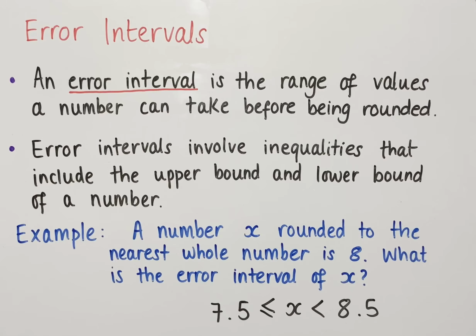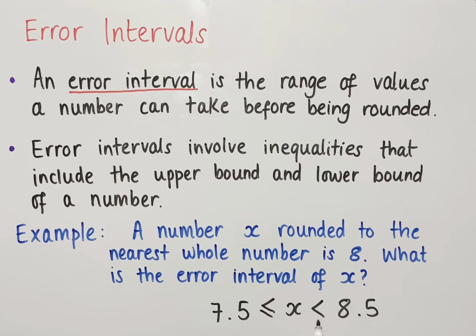The biggest possible value that rounds to 8 when rounded to the nearest whole number would be 8.49 recurring. But since that's quite a long number to write out, we use the nearest number after that, which is 8.5. 8.5 is much easier to write, and so in our inequality we don't have an equals.